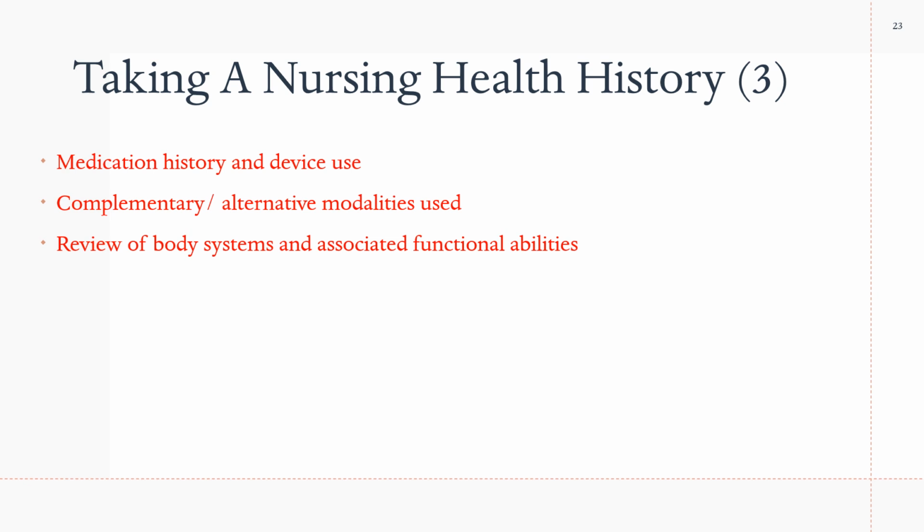Do you use hypnosis? Do you go and get a massage? Do you do Reiki, energy therapies? And then the review of the body systems and associated functional abilities. Ladies and gentlemen, please listen up and know the information on these slides.